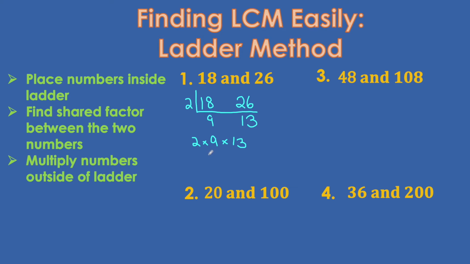And you can multiply on the side. We can do it together. So this is really 18 because 2 times 9 is 18. Once you evaluate, it becomes 18 times 13.